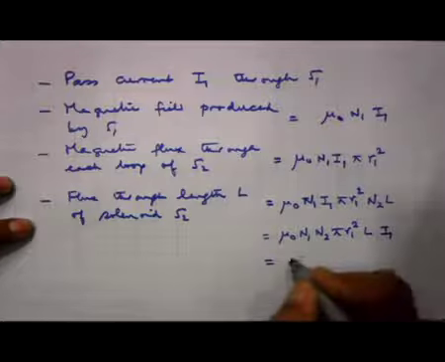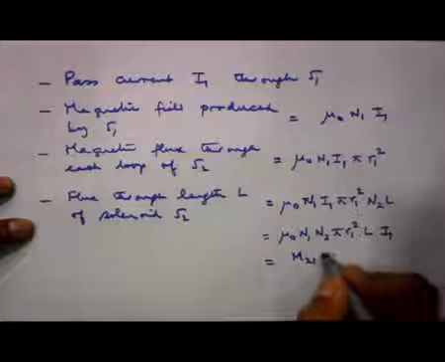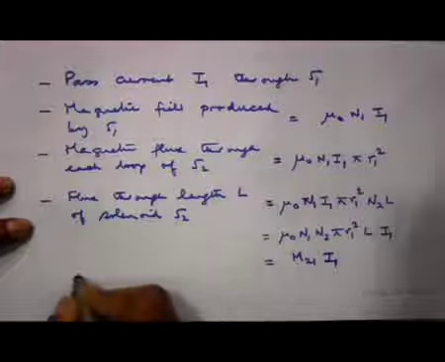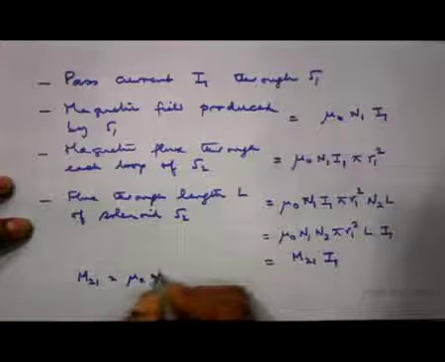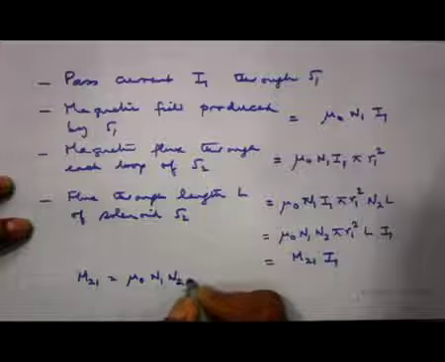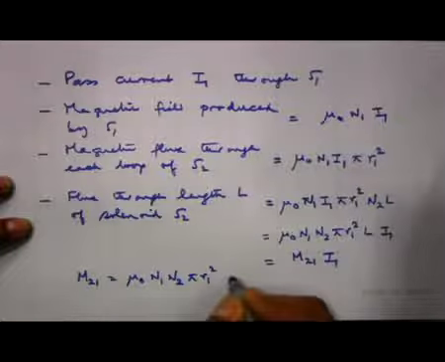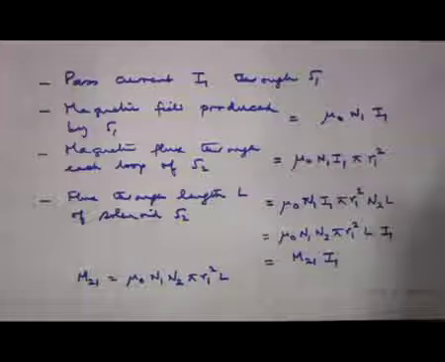I will write this as M21 I1, where in this example M21 happens to be mu naught N1 N2 pi R1 square L. So, that is the mutual inductance between these two solenoids.